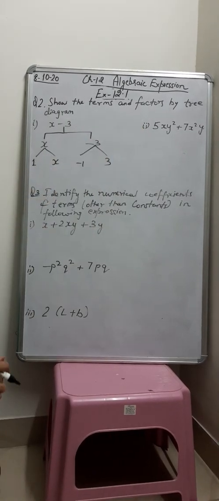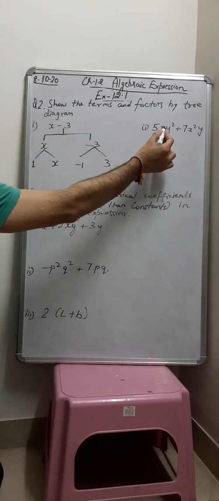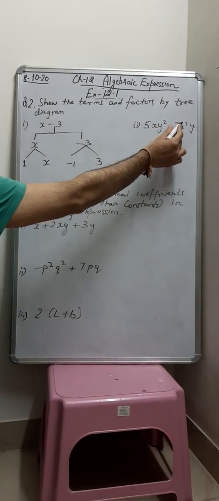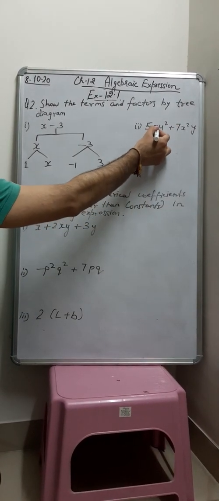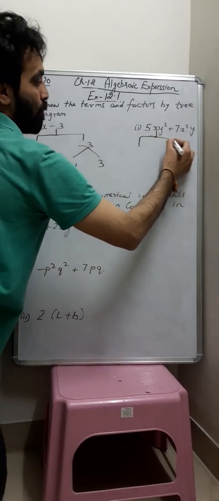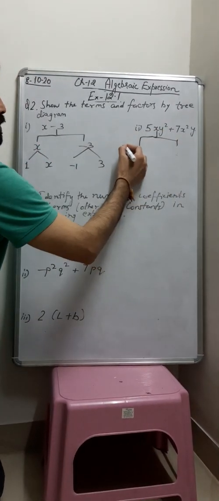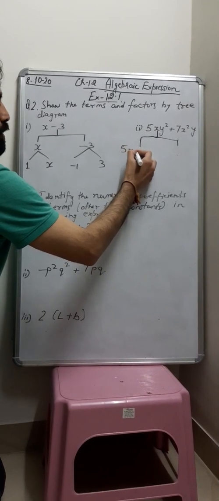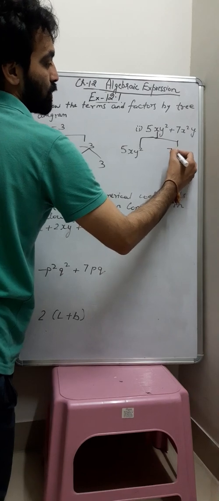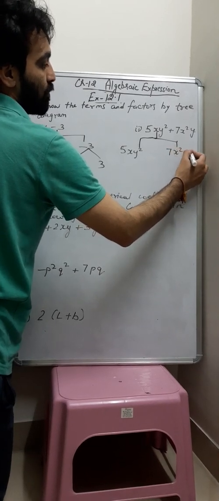The next, second expression is 5xy square plus 7x square y. So here again there are two terms. The first is 5xy square and the second is 7x square y.